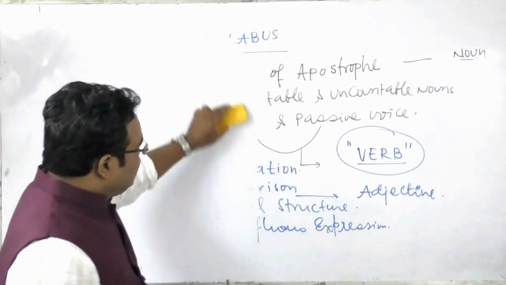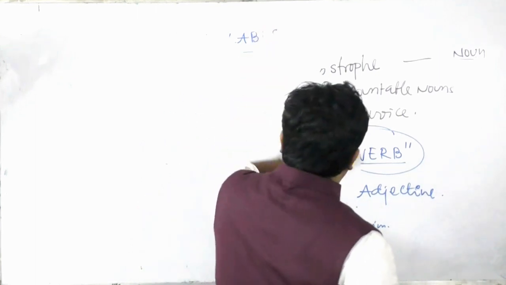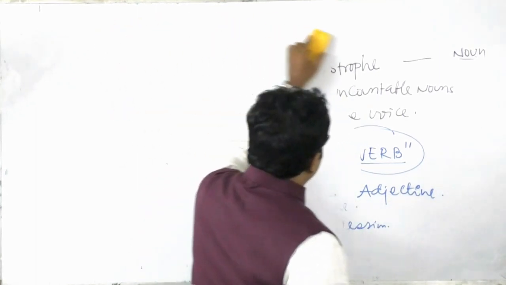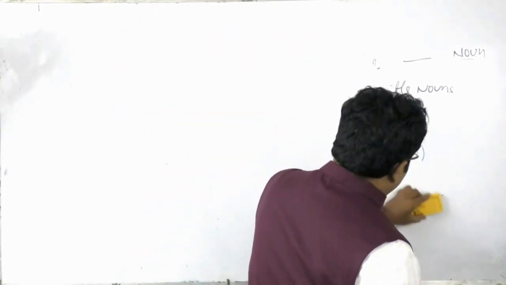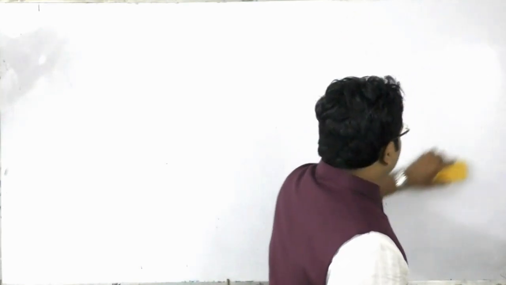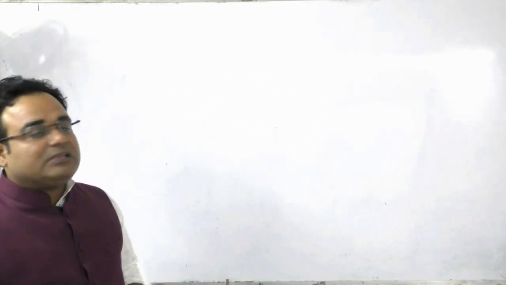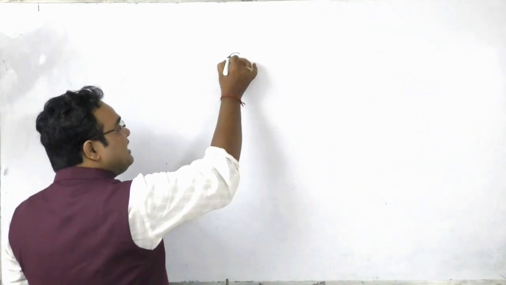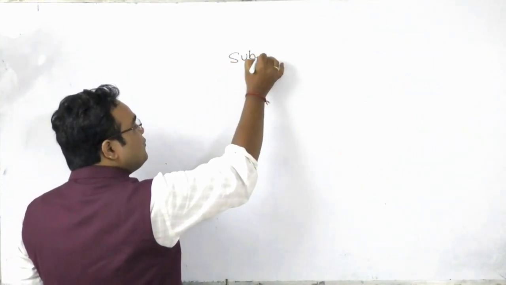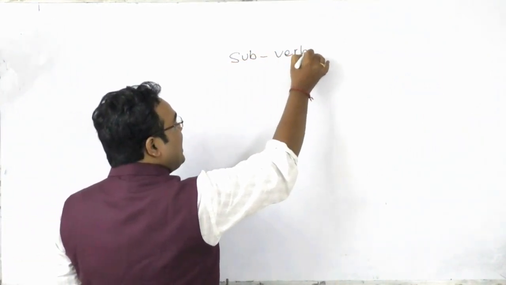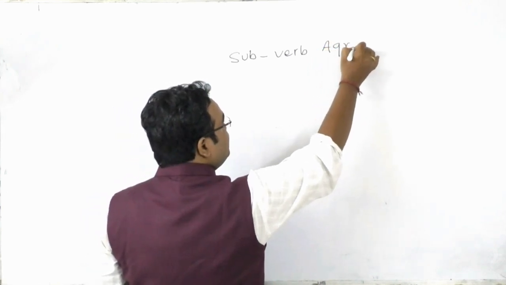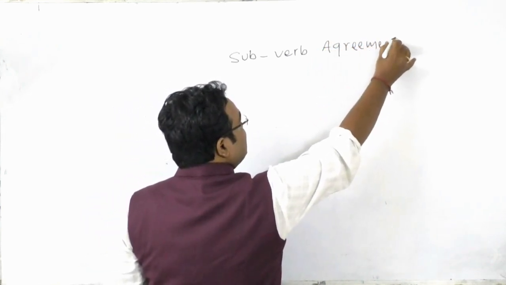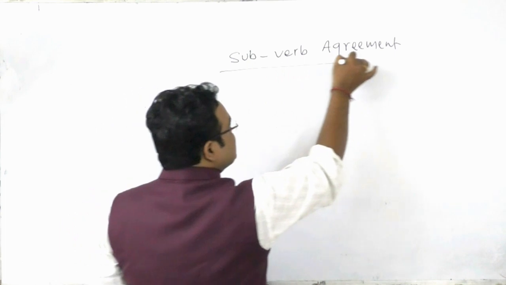Now let's see, friends, that the first topic which I wrote on the board is error of proximity. Before understanding the error of proximity, we will have to understand the nitty-gritty of the chapter subject verb agreement. As we see in subject verb agreement, there are two players.